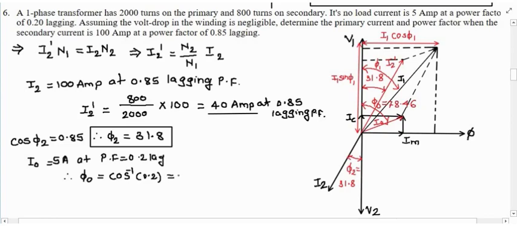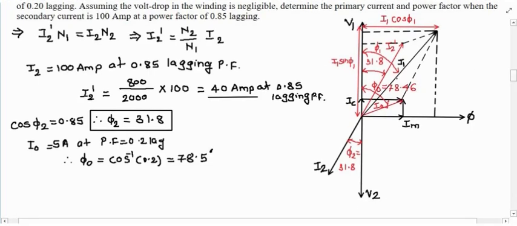So phi 0 you will get as 78.5. It means V1 leads this I0 by 78.5, or my no load current lags the applied voltage by 78.5 degree. According to this, I have drawn the phasor diagram here.